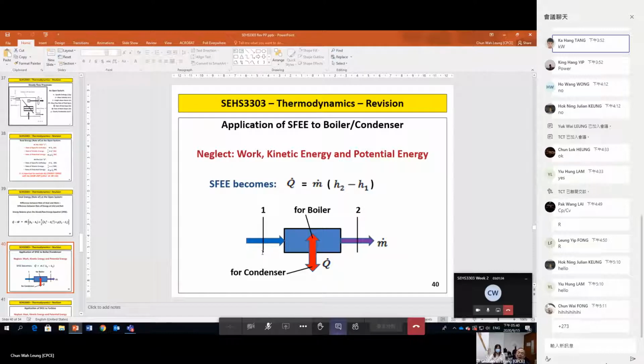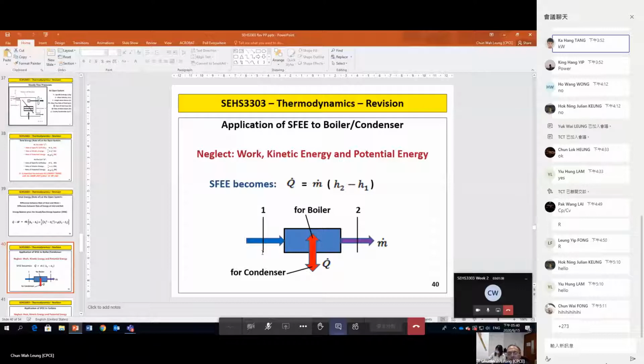Then depending on what kind of working fluid it is, if the working fluid is a steam, then you are using the steam table to find H1 and H2. If the working fluid is a gas, then you change H into Cp times T, just as before, right?